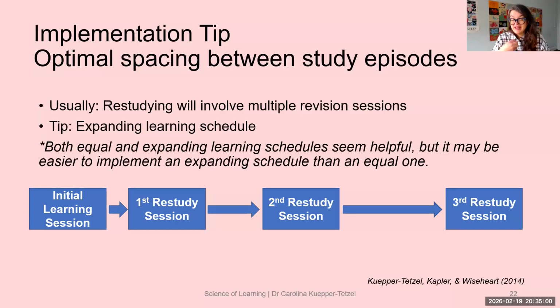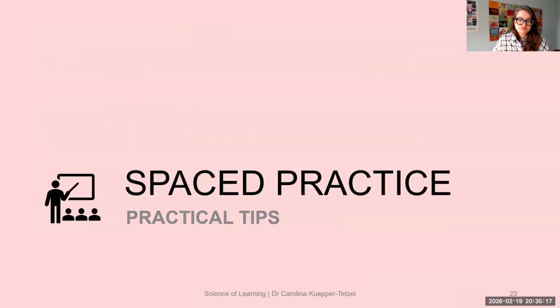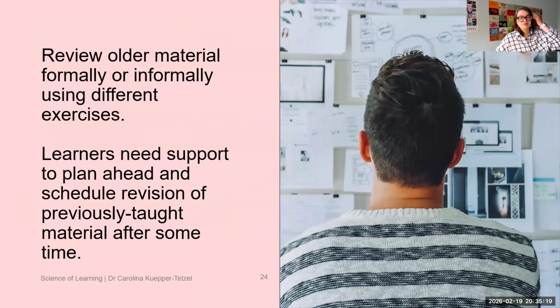However, as a teacher myself, I find it easier to implement an expanding learning schedule that's a bit more variable than one that's always rigid and equal. So I would suggest to play around with this, look at the schedule that you have and see how it works for you. So some practical tips here.